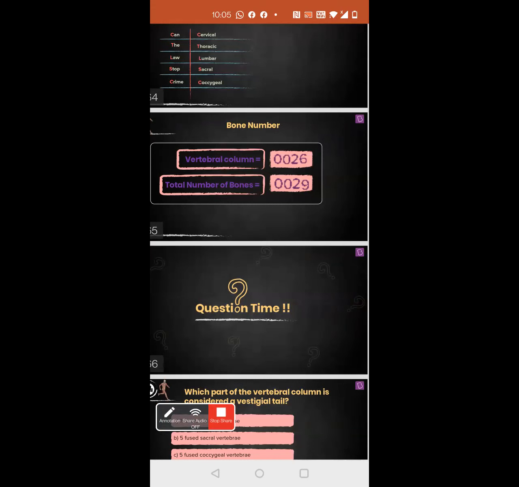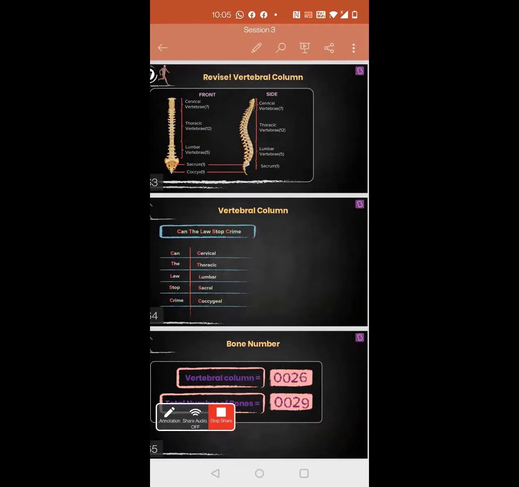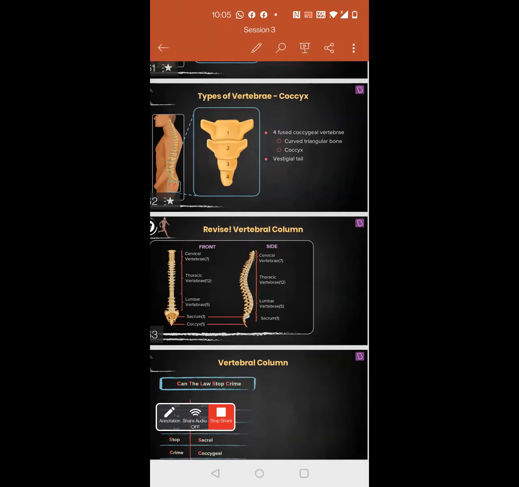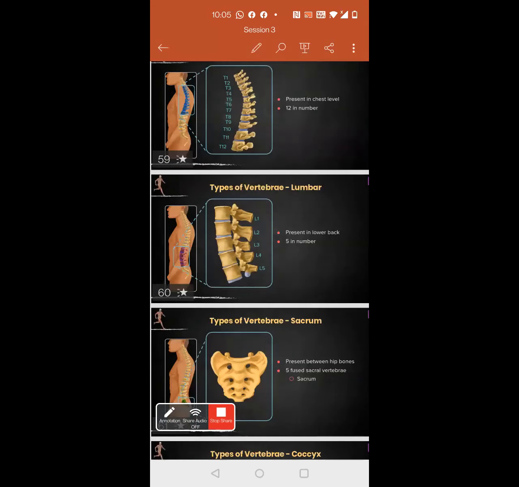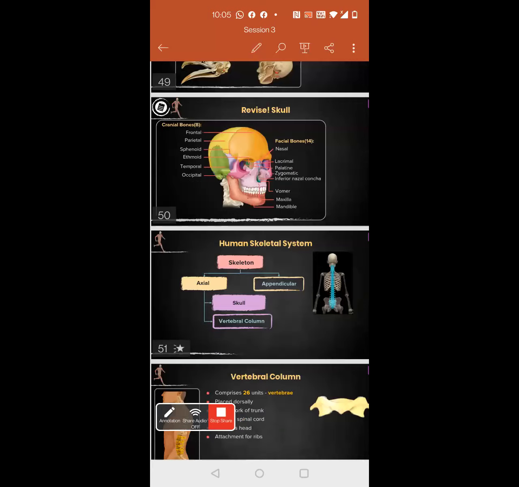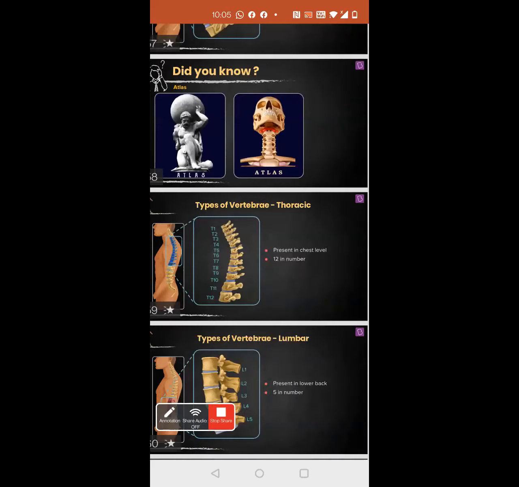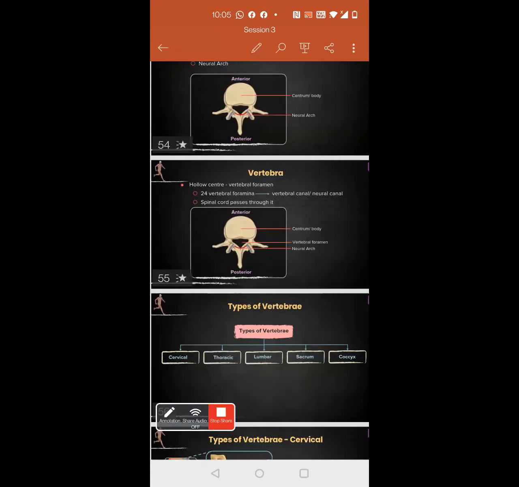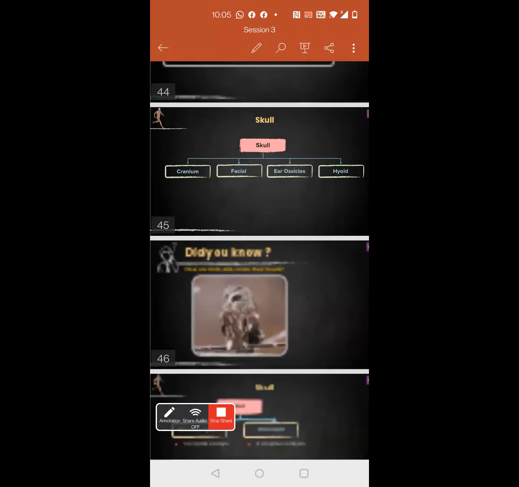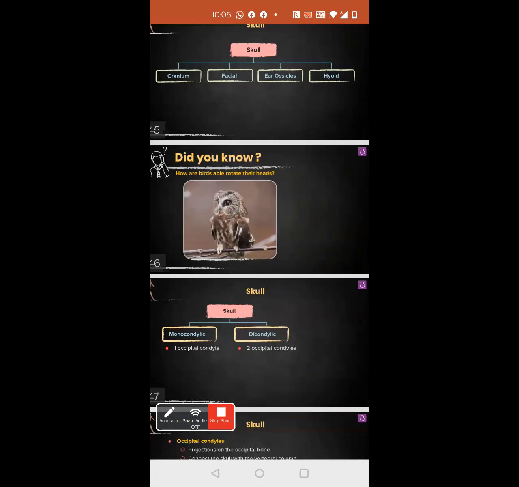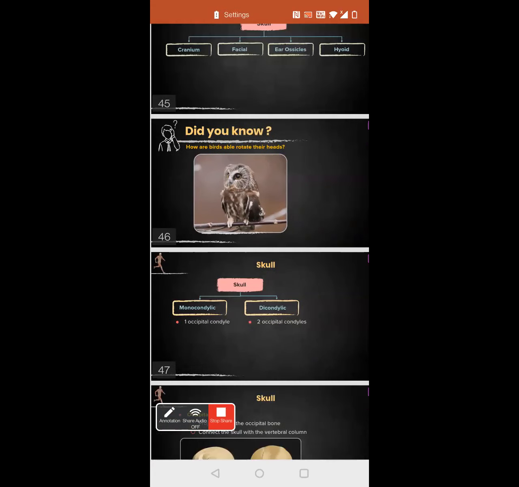It's written that the vertebral column is 26. That is the total we have studied in this particular part. Did I lose a count here somewhere? They may be considering the coccygeal bone, but that also will not come correct.